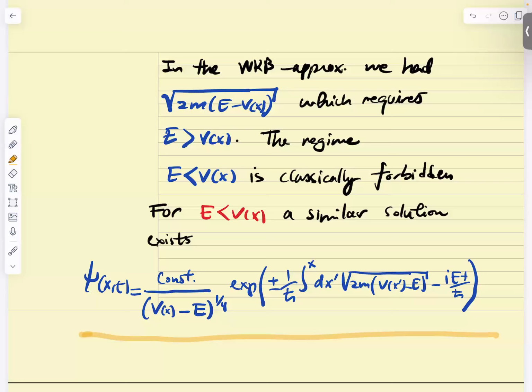This is a method we use a lot in differential equations. But because I know here is classically forbidden, I'm going to use this ansatz. In the middle, I'm going to use the ansatz that had the i. Or I can just say I'm going to use the WKB approximation. Every time I get a minus sign under a square root, I treat it as i and bring it out. That's what this is. Everybody's with me?